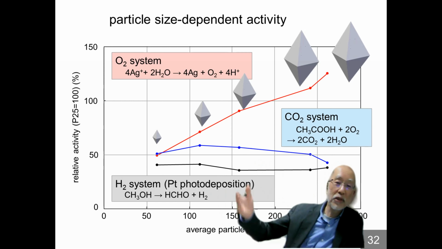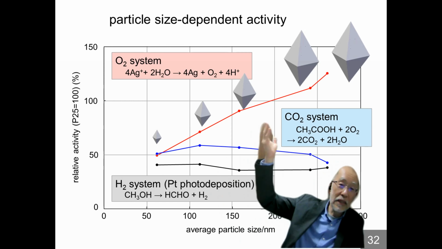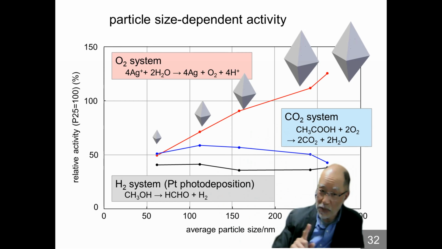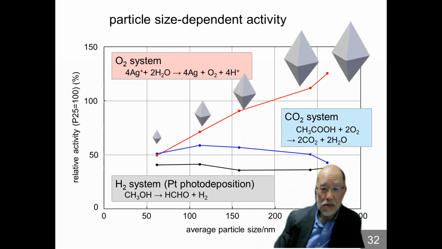And for oxygen evolution, that is very, very interesting. The activity is almost linearly increasing with particle size, not the specific surface area. The larger, the better. There is no report showing such a reversed particle size dependence in photocatalysis. This is the first example clearly showing that for the oxygen evolution reaction, it is necessary to use large sized particles.